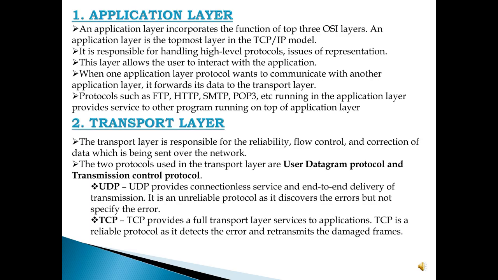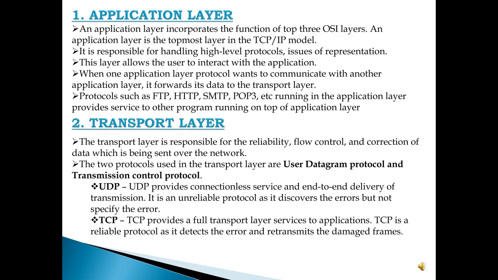This layer allows the user to interact with the application. When one application layer protocol wants to communicate with another application layer, it forwards its data to the transport layer. Protocols such as FTP, HTTP, SMTP, POP3, etc., running in the application layer provide service to other programs running on top of the application layer.